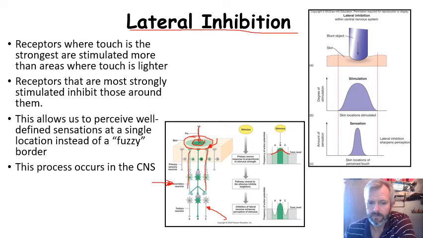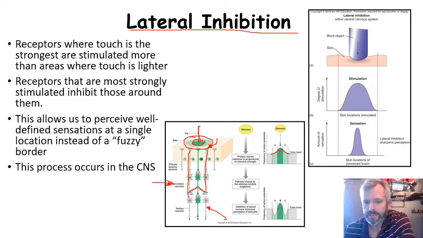All right, it's the same information, but what is the second order neuron doing? It is inhibiting these neurons that were weaker in stimulus. So what information does the brain get?